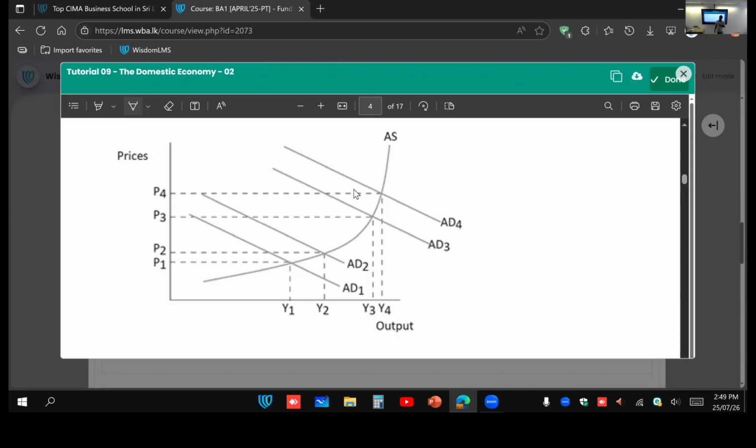Which one is big? Look simply here. P2 minus P1 is a small area, right? So Y2 minus Y1 is big.